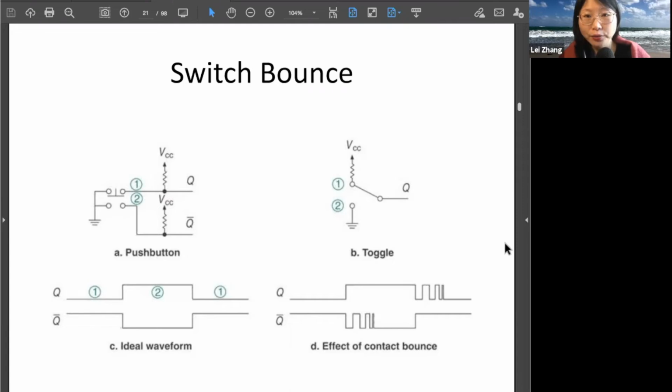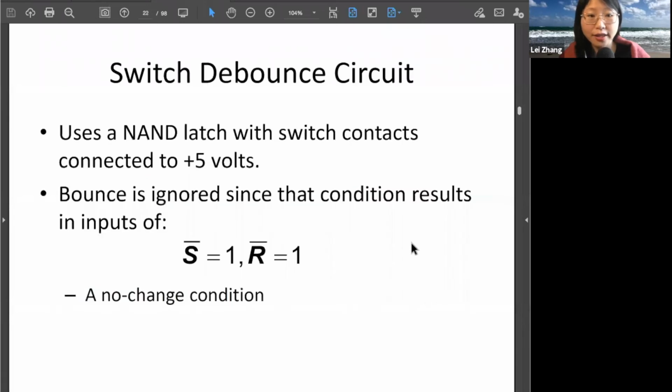So why do we not see this in most hardware? Because there is the switch debounce circuit. This circuit will filter out all this bouncing up and down.